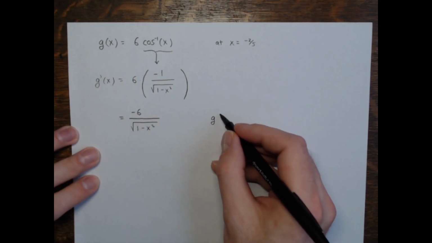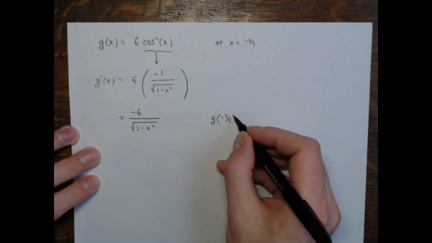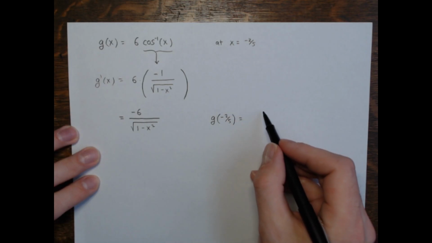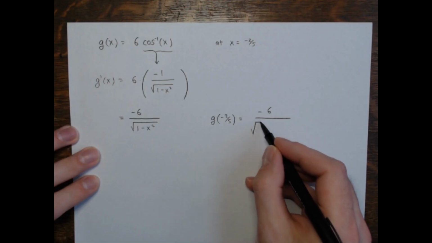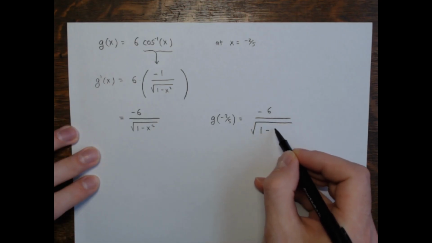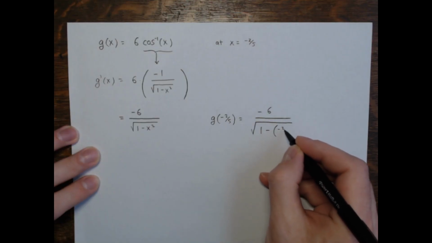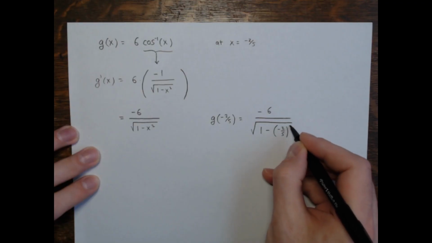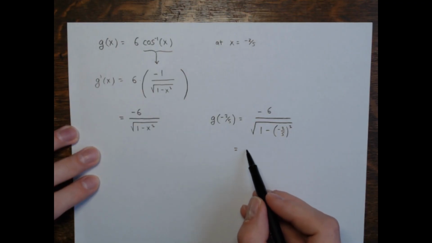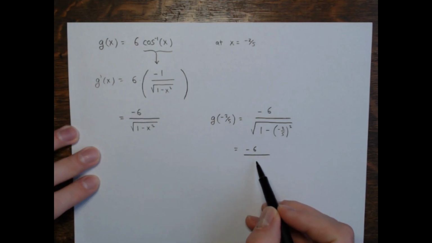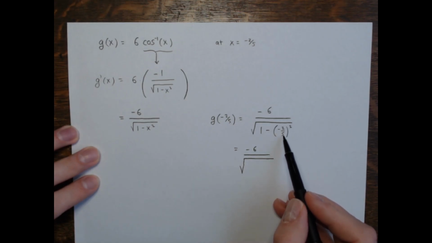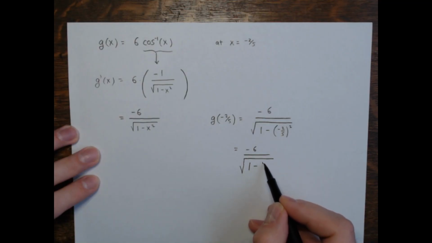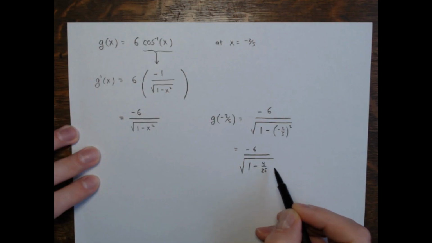And then we're plugging in -2/5 and simplifying a little bit. So that'd be -6 divided by the square root of 1 minus -2/5 squared. It's -6 in the numerator. Now, -2/5 squared would be 4/25, so we got 1 minus 4/25.